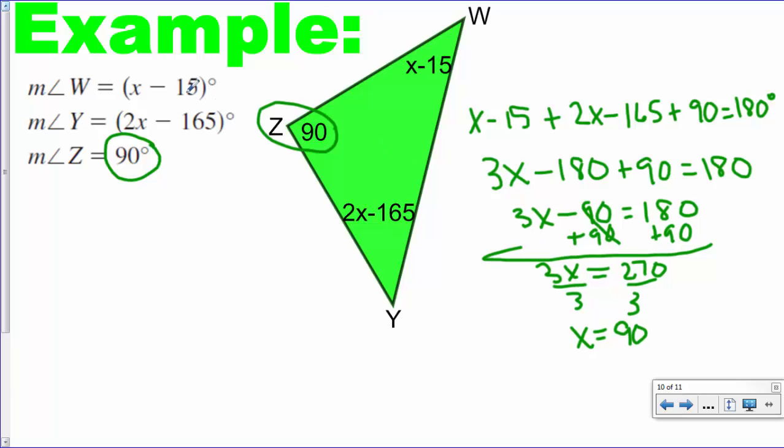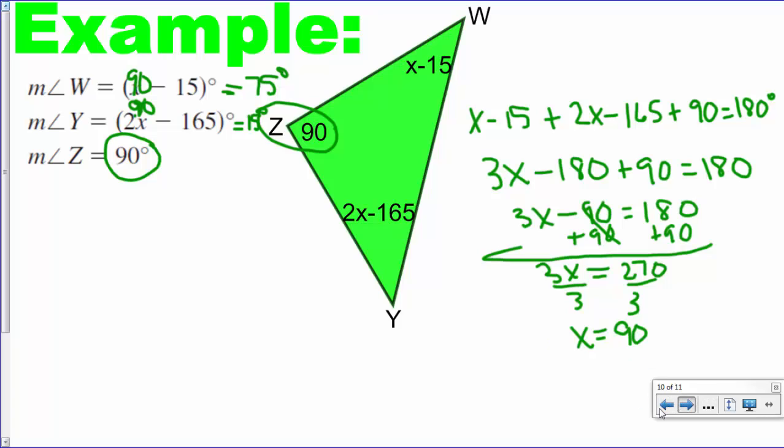Go back and figure out the measure of the angles. 90 minus 15 would equal 75 degrees. We take 2 times 90, which is 180, minus 165 equals 15 degrees. And that problem is finished.